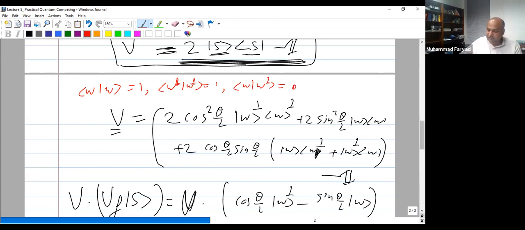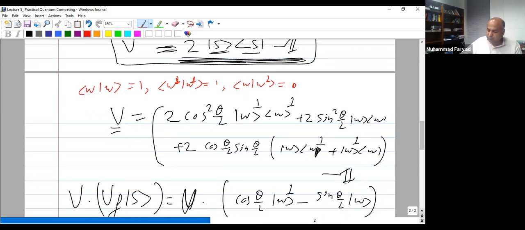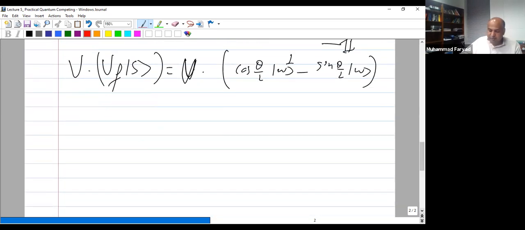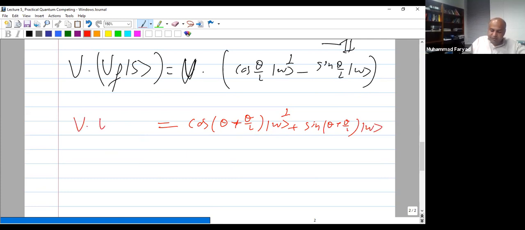Using these facts, you can work out these terms, and I'm just going to write the final result, which is cos of (theta plus theta by 2) into W perpendicular plus sine of (theta plus theta by 2) into W. So this is after applying this V operator on this state.